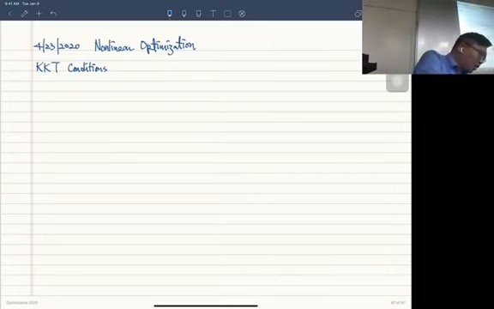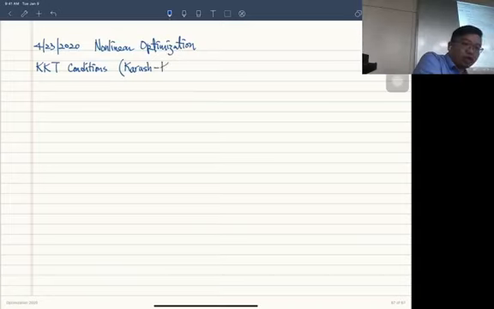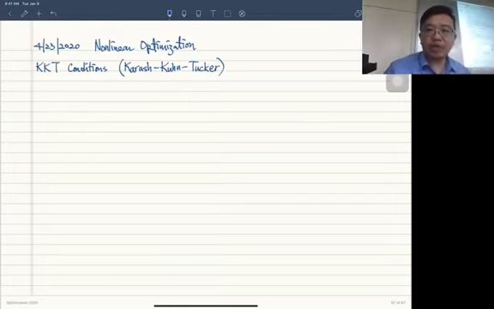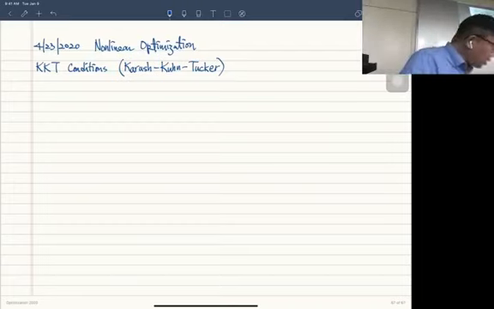You could always look for references on the internet. So Karush, Kuhn, and Tucker, these three people developed this KKT condition in the past.